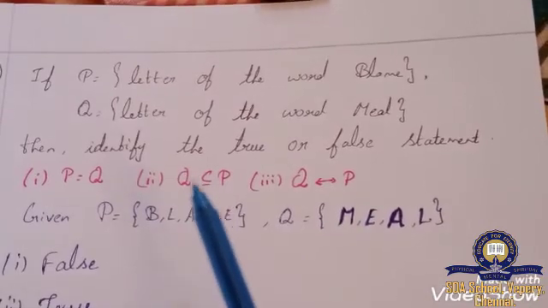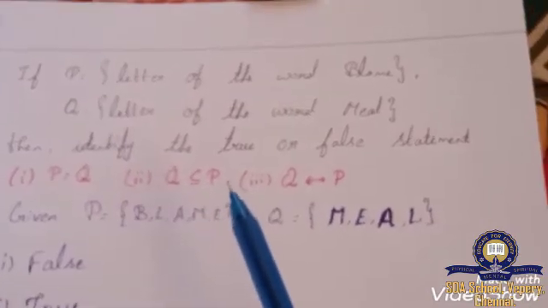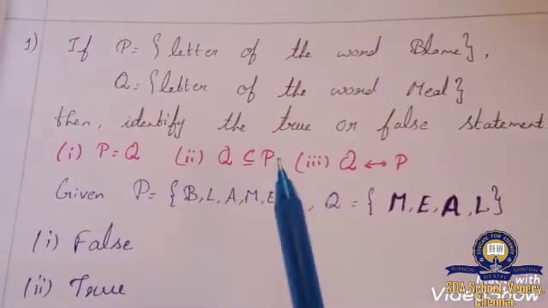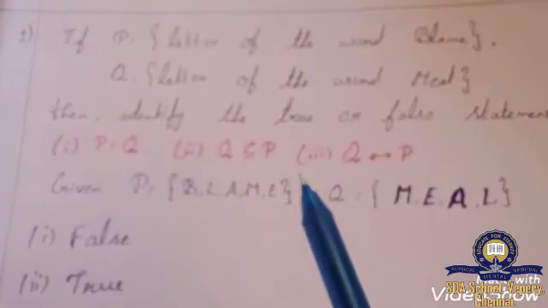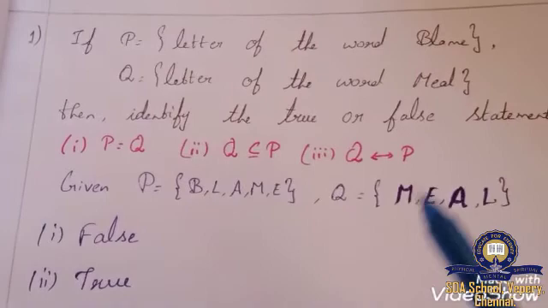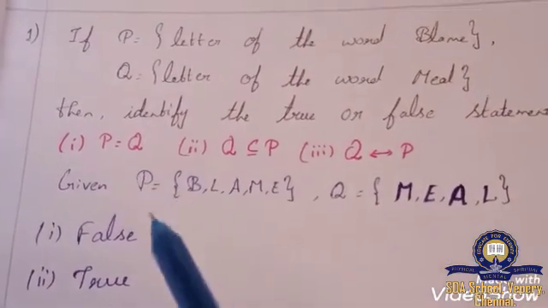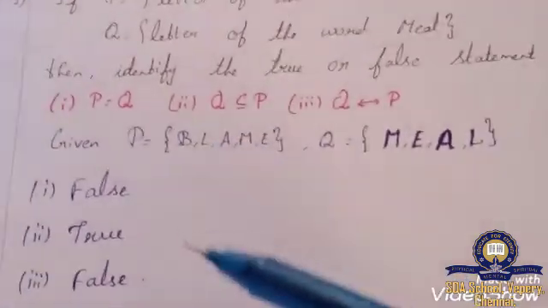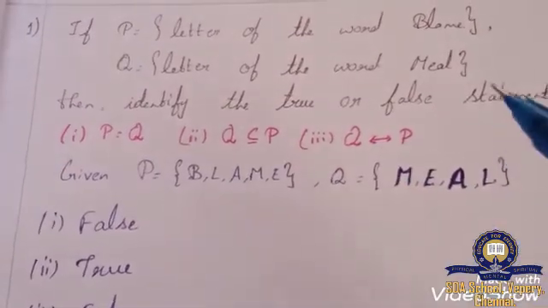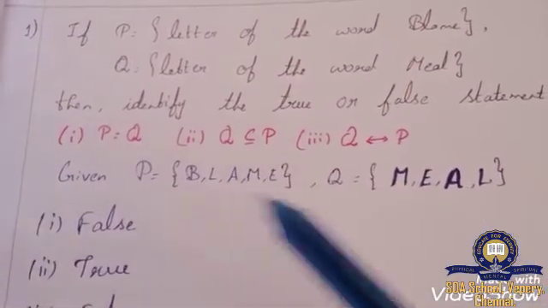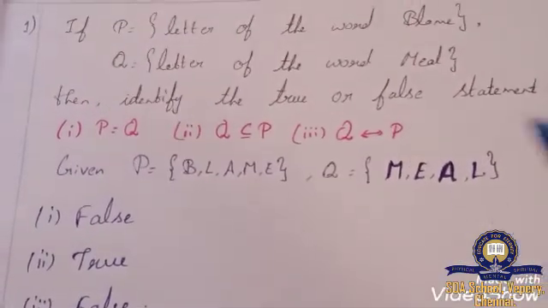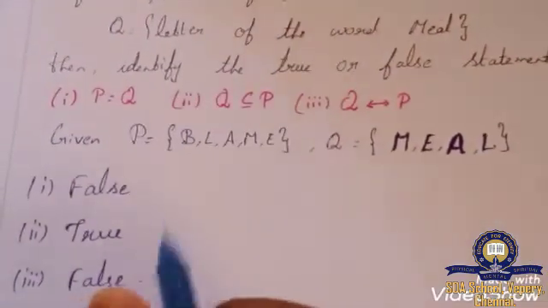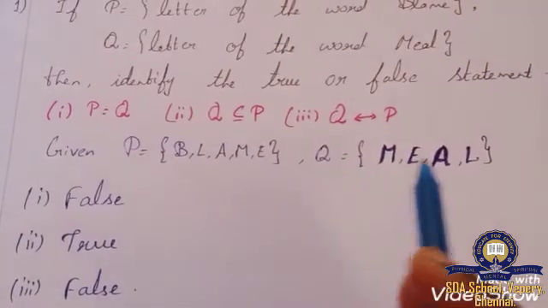The next statement is Q is a subset of P. Yes, of course it is true, because all the elements in Q are in P. So we denote it as Q is a subset of P. The next statement is Q is equivalent to P. This statement is false, because n of P is equal to 5 and n of Q is equal to 4.